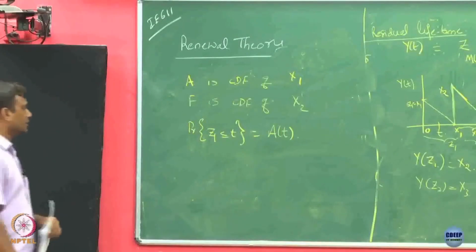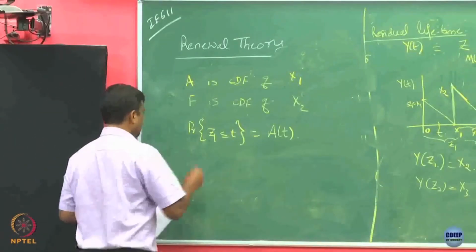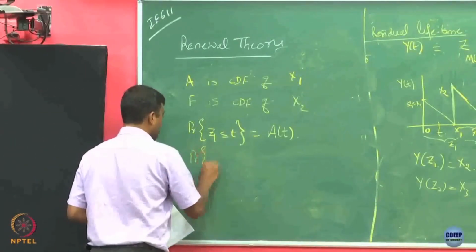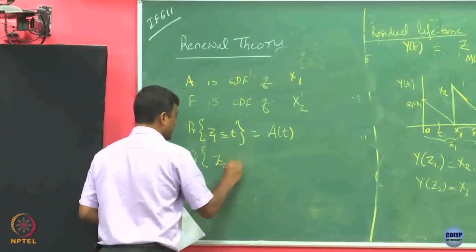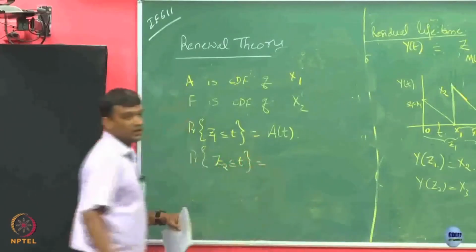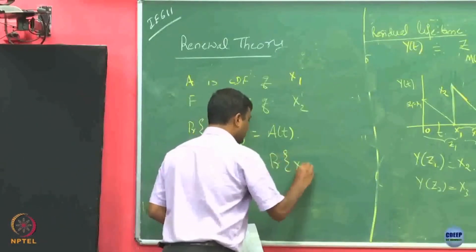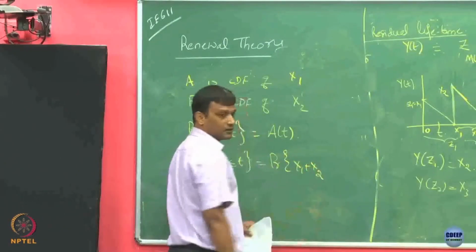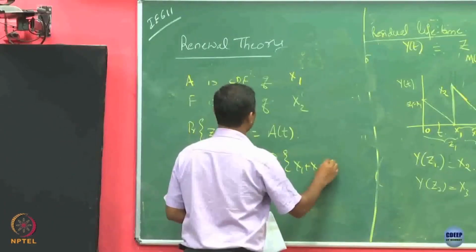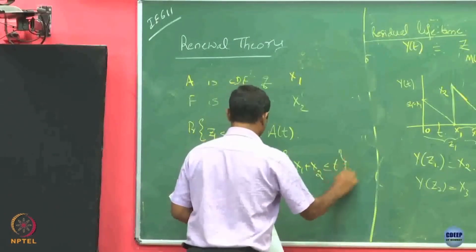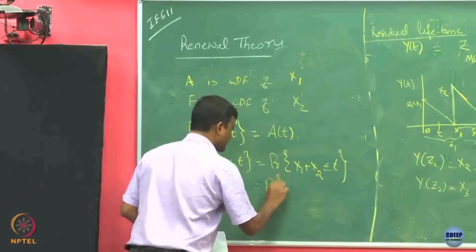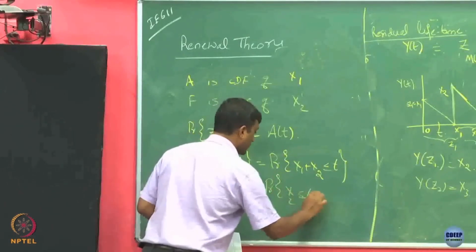Okay. Now what about the probability that Z2 is less than or equal to t? Z2 now is X1 plus X2, so this is the event X1 plus X2 less than or equal to t, which I can write as X2 less than or equal to t minus X1.